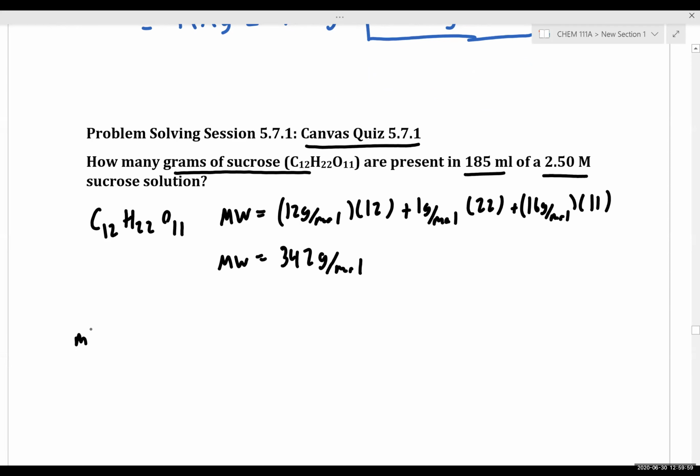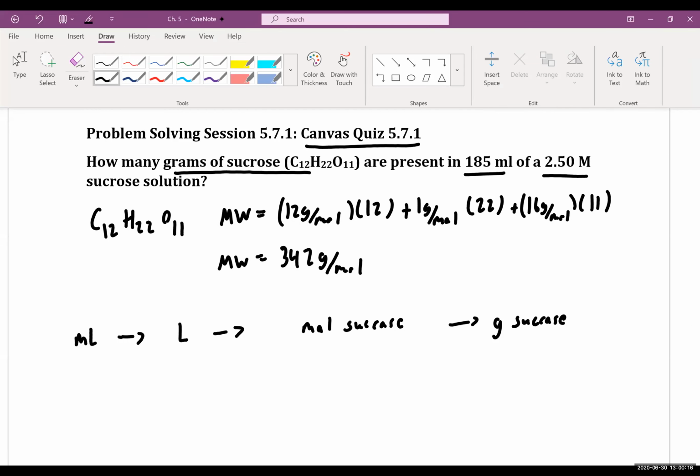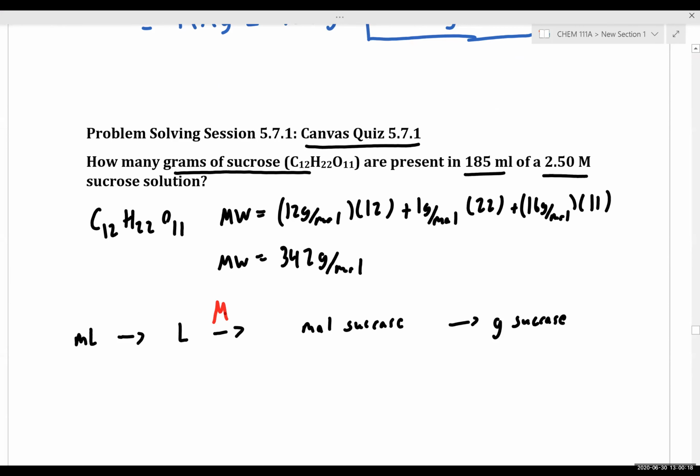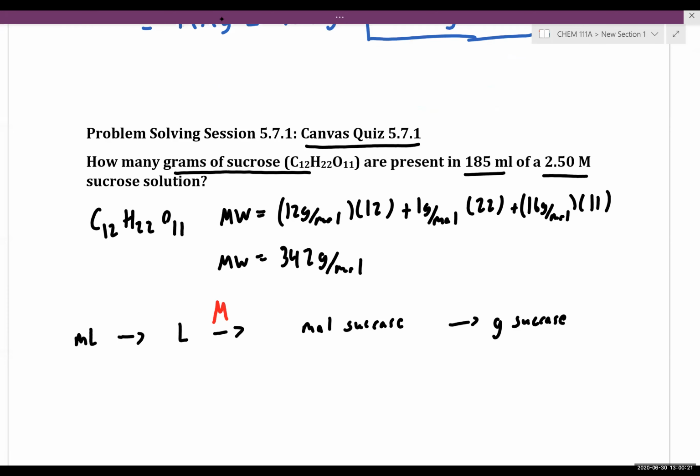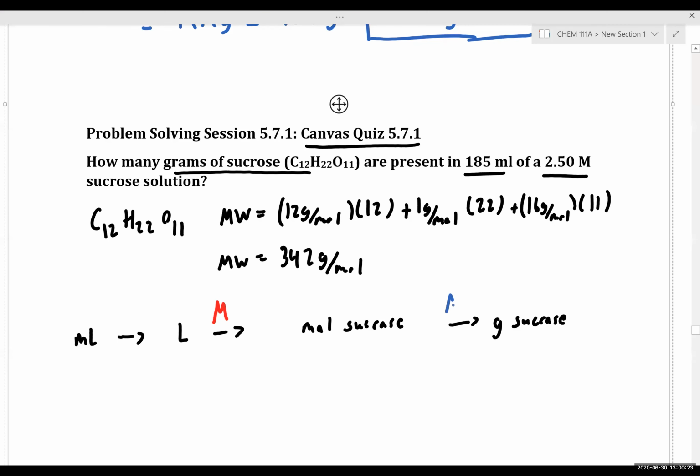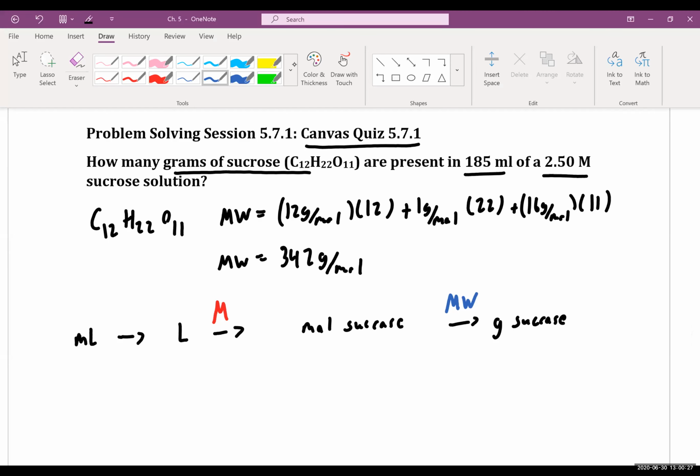Okay, so we're starting with the milliliters of solution. We're going to have to convert to liters. And if our end goal is to report the grams of sucrose, again, we're going to go through the moles of sucrose. To go from liters to moles, we're going to use our molarity. And to go from moles of sucrose to grams of sucrose, we're going to use our molar mass.